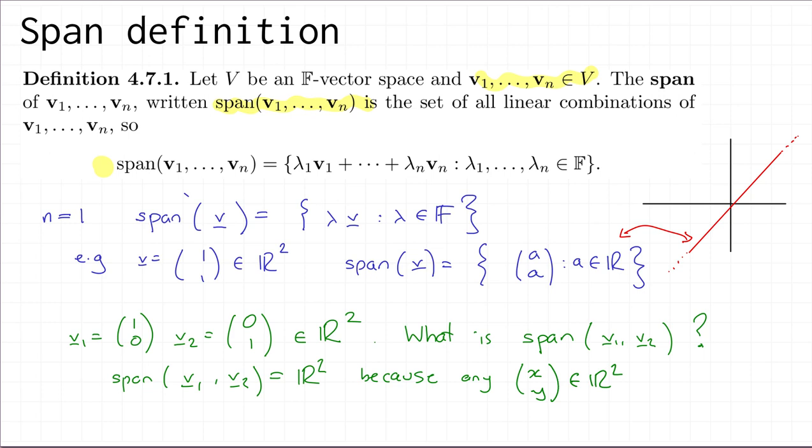It's x times V1 plus y times V2. Okay, every element of R squared can be written as a linear combination of V1 and V2. So the span of V1 and V2, which consists of all the linear combinations of V1 and V2, that's all of R squared.